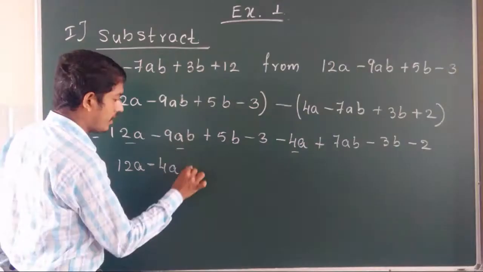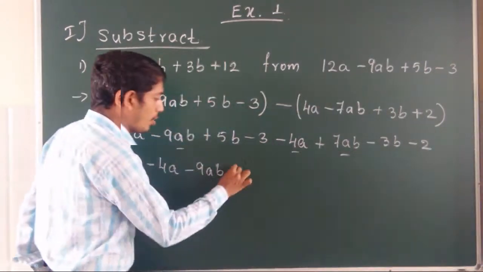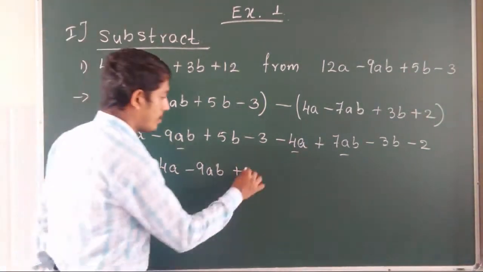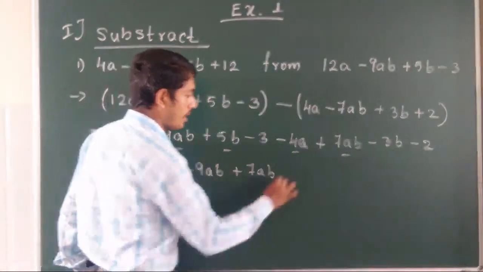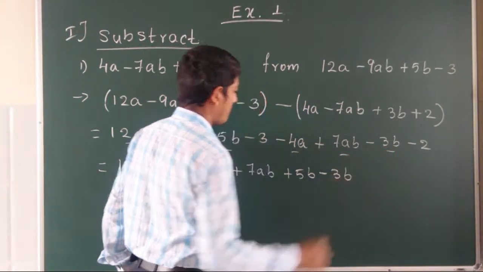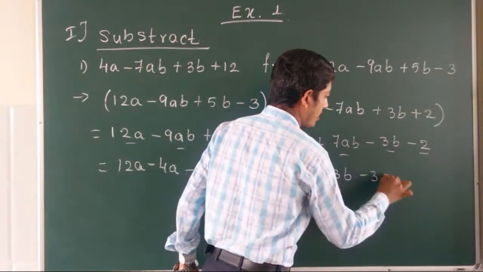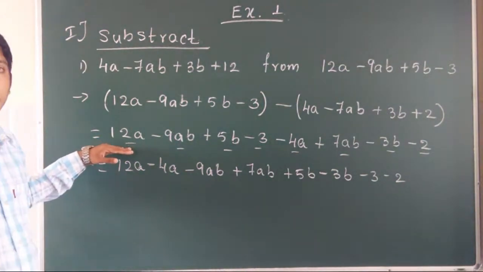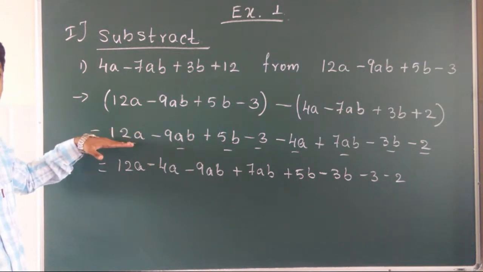Then next I will consider minus 9ab, plus 7ab, along with the sign we have to rearrange. The next I will consider plus 5b, then here it is minus 3b. Then next are the constant terms, that is minus 10, then minus 12. We have to put one small underline under the terms which we consider.